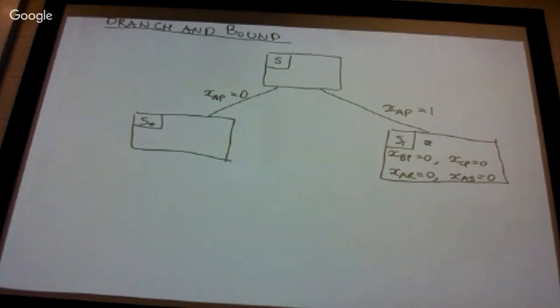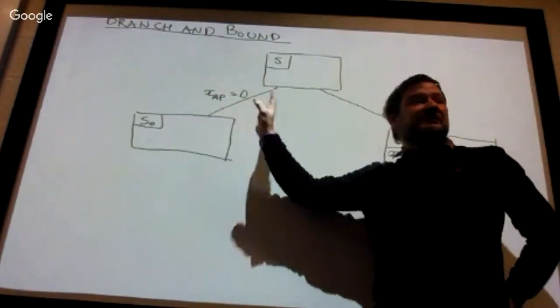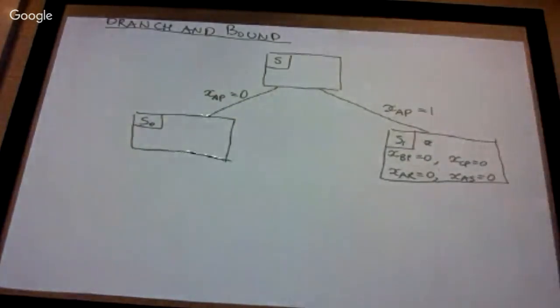In the first case, we can't make any other conclusions, because if it's 0, it could still be either one of the other ones.